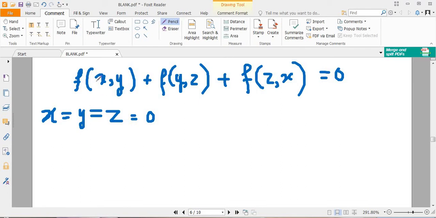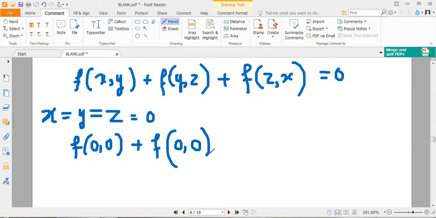If we put these in this expression, we get f(0,0), because x and y are both 0. Since y and z are also 0, we get f(0,0) again. Then since z and x are both 0, we get f(0,0) again. So we have f(0,0) three times, which equals 0.